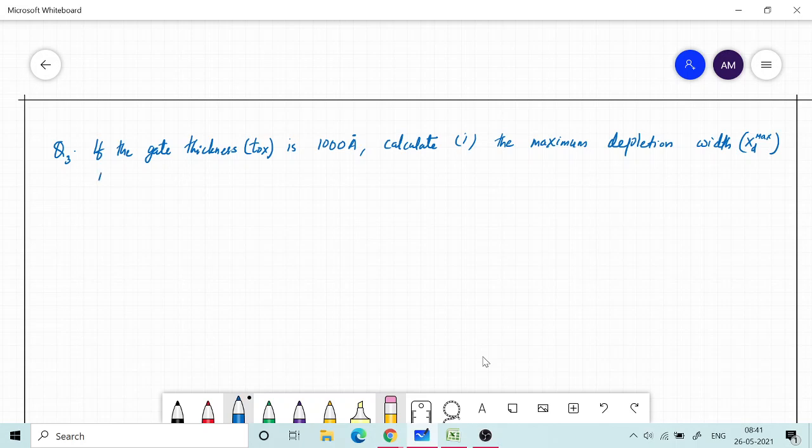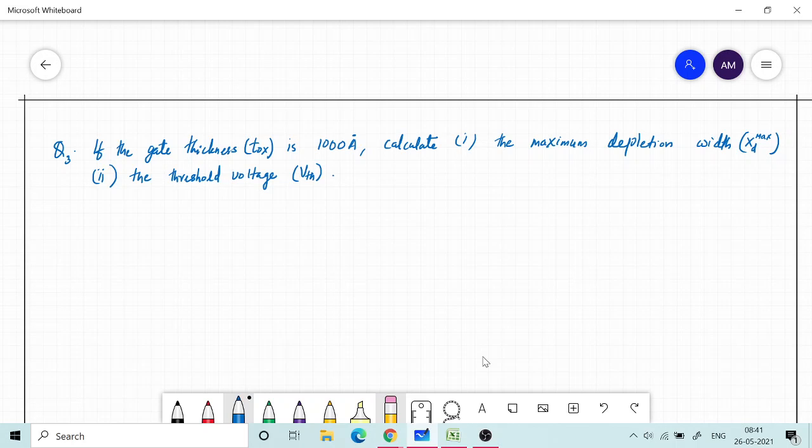That is number 1, and number 2 is the threshold voltage, VTH. So calculate these two things.